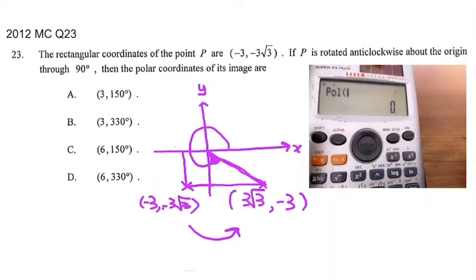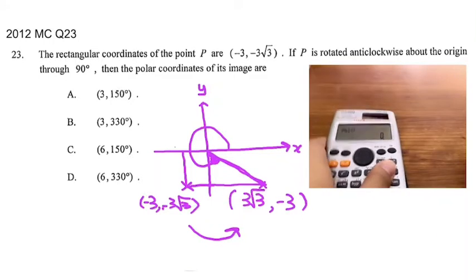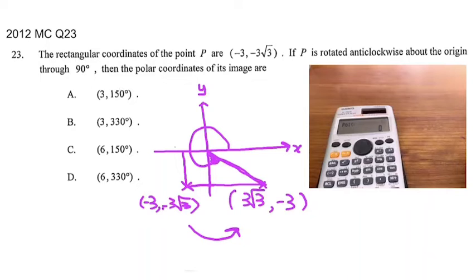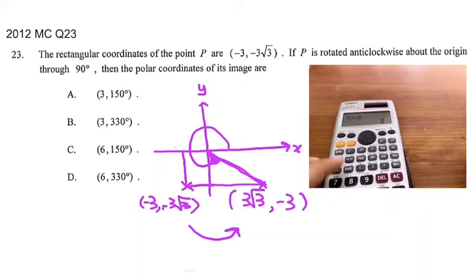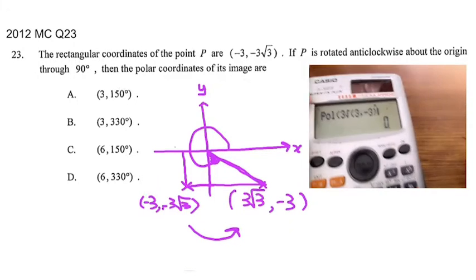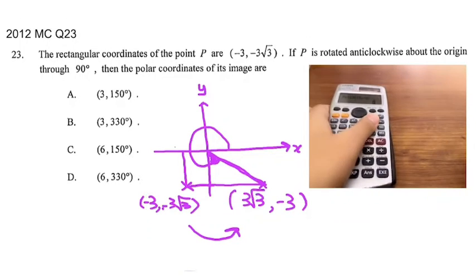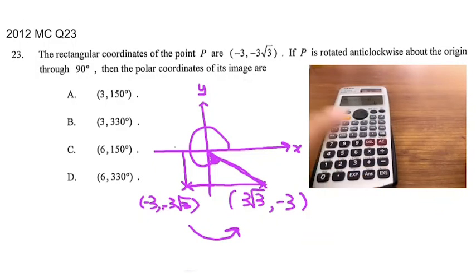Because we have to find polar coordinates, we click Pol first. And what we do next is just enter this coordinate: 3 square root 3, then a comma, -3. Close the bracket, input this and then find the answer by clicking execute.